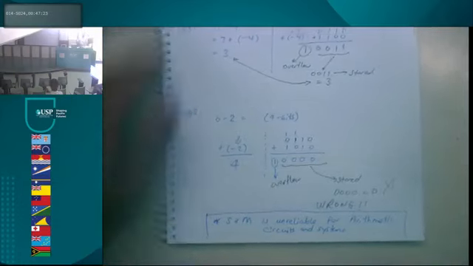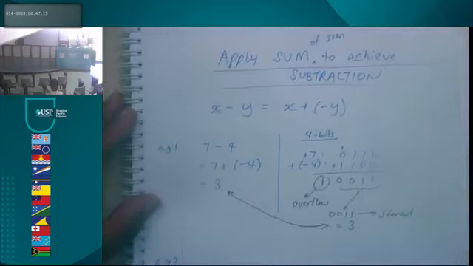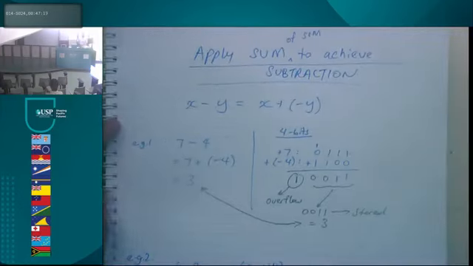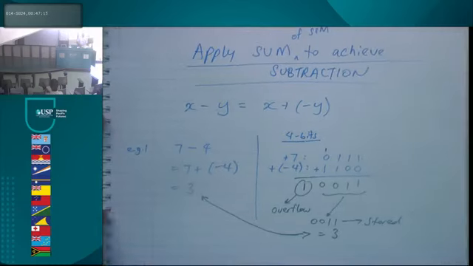Now, the method for subtracting numbers is that you've got to add a negative number. There's no such thing as a direct subtraction. So when you do x minus y, what you're actually doing is x plus negative y. All right? I think that was quite straightforward.